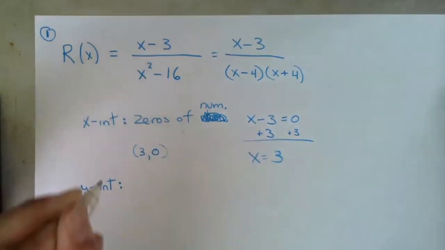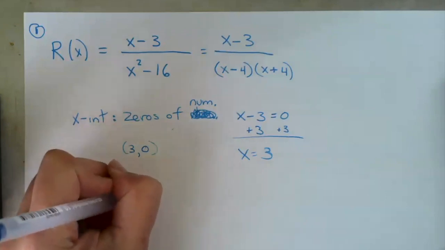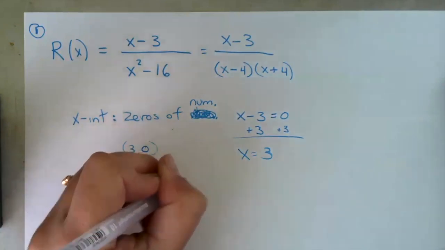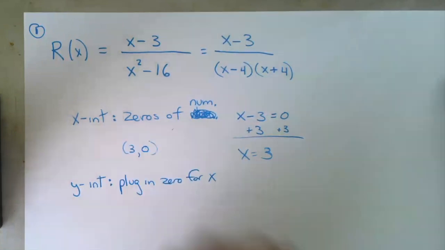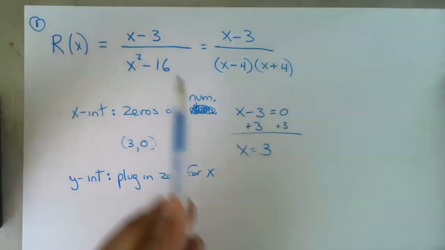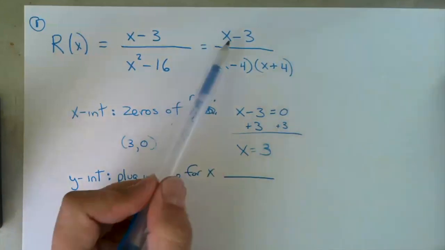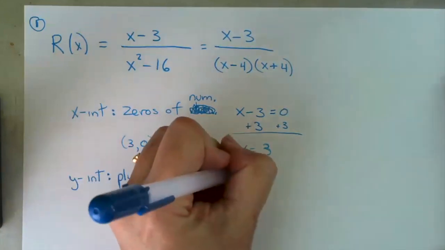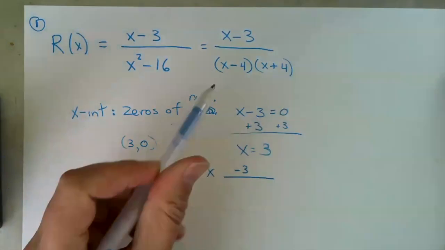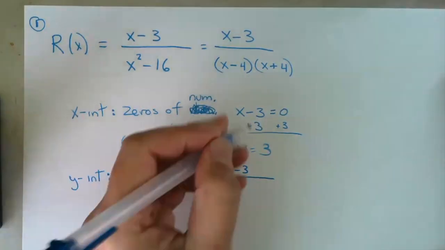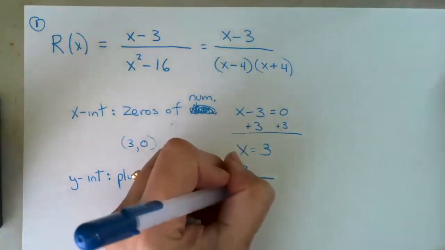To find the y-intercept, we plug in 0 for x. Okay, so as we take a look here in our equation, when we plug in 0 for x on the top, we get negative 3. When we plug in 0 to this factor, we get negative 4.